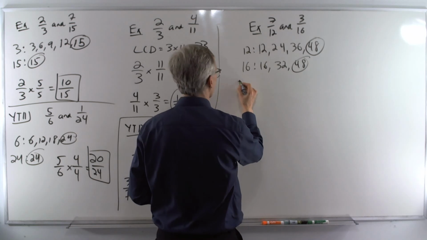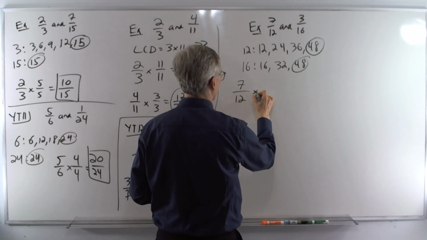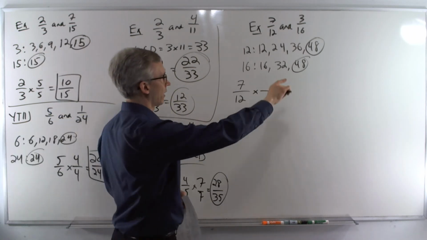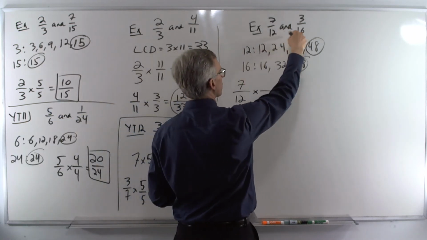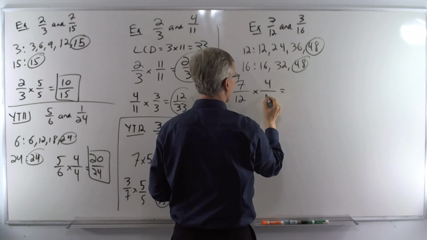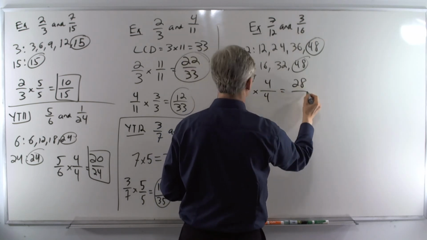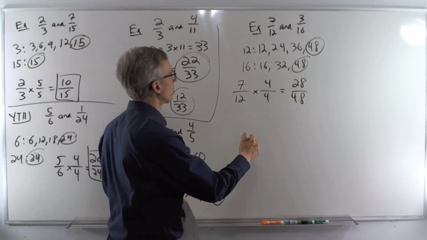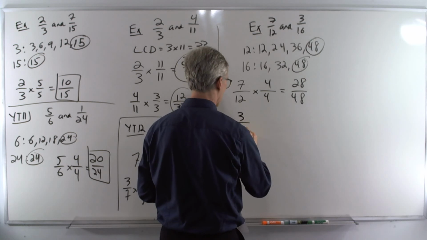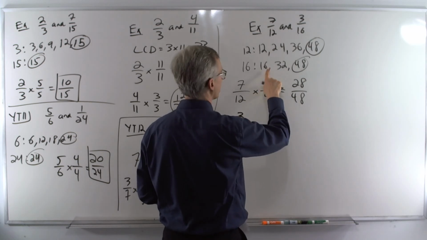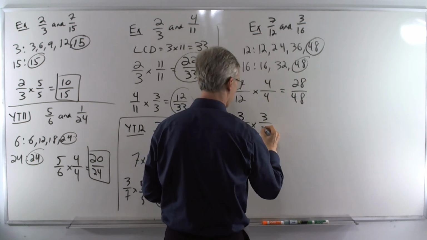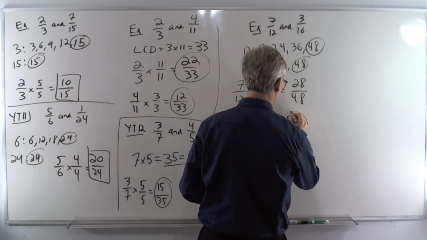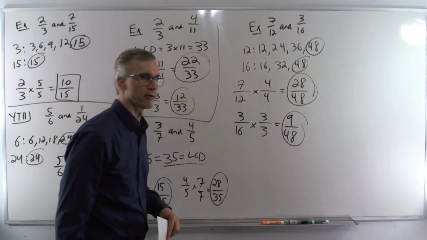Now to transform the first, when you're going to count over 12, you got 1, 2, 3, fourth multiple, so 4 over 4. 28 over 48. And for the second one, we're going to take 3/16 and multiply by, count over, 1, 2, 3. Third multiple, 3 over 3. So that's 9 over 48 and 28 over 48.